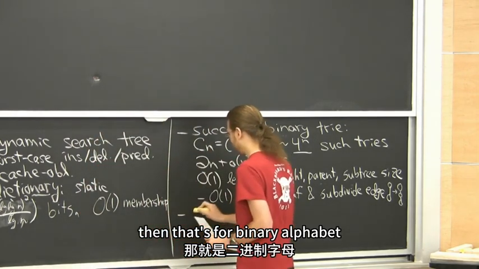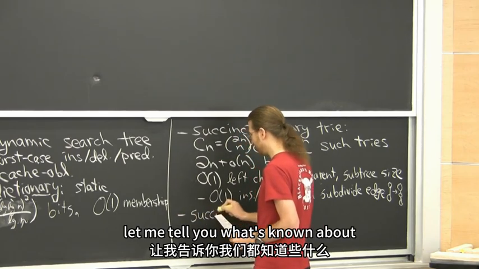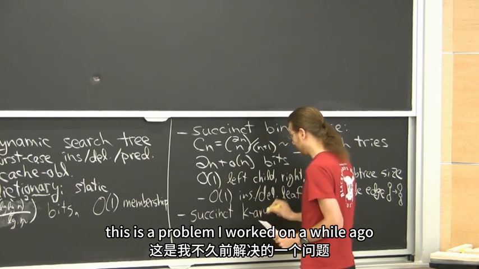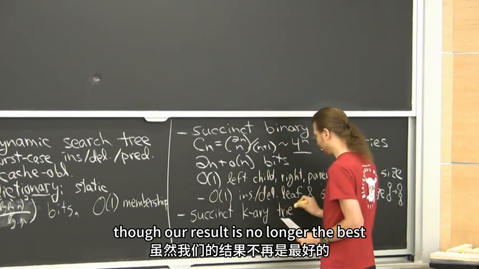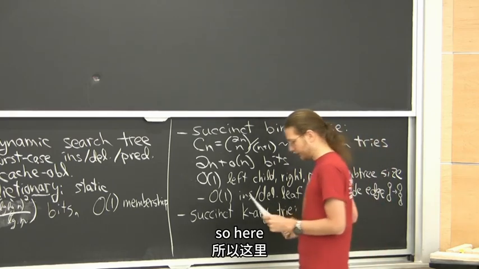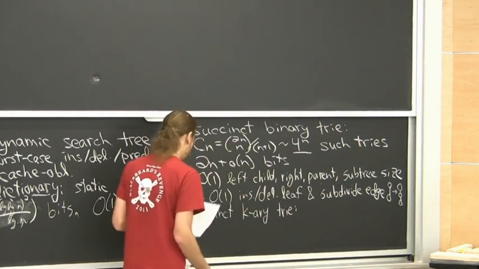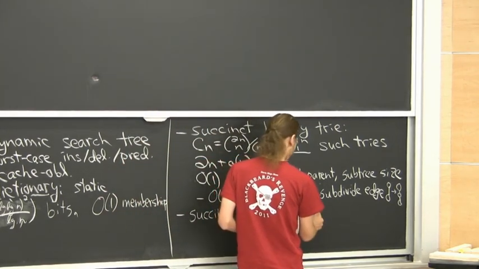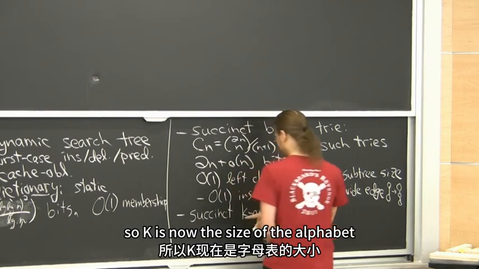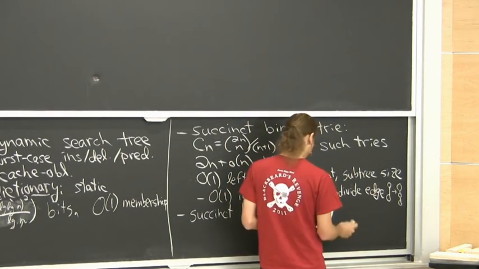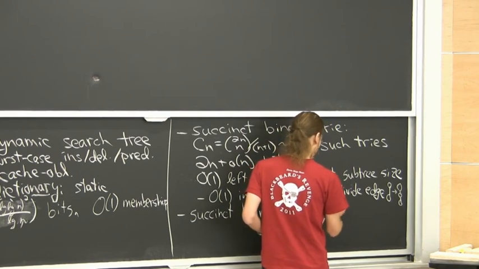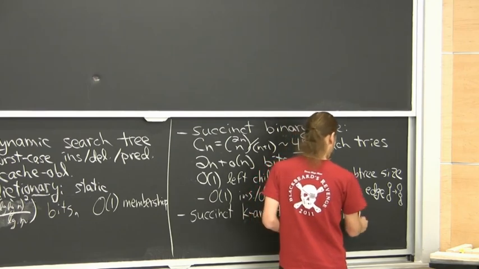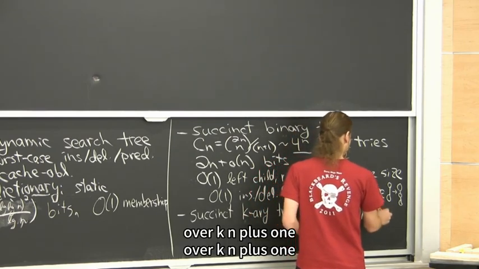Then that's for binary alphabet. Let me tell you what's known about larger alphabets. This is a problem I worked on a while ago, though our result is no longer the best. So here, it's a little complicated, but the number of k-ary tries, where k is now the size of the alphabet, is (kn plus 1 choose n) over (kn plus 1).